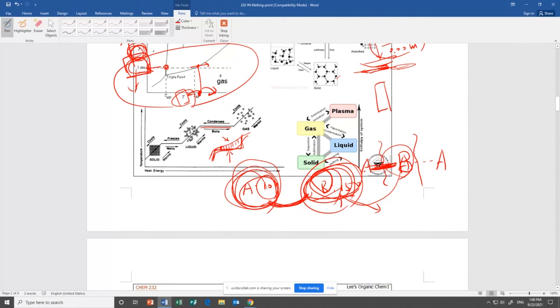And then near the boiling point of the second one, after removing most of the A, it is going to jump to the next boiling point, 150 from 100.